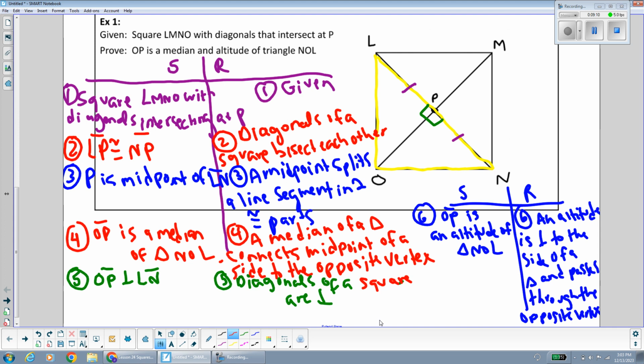And then, since an altitude is just a perpendicular line, I can say OP is the altitude of triangle LON because an altitude is a perpendicular line to a side of a triangle that passes through the opposite vertex. And that's what we have here. We have a line that's perpendicular to a side of the triangle that also passes through the opposite vertex, vertex O here. Okay, moving along.